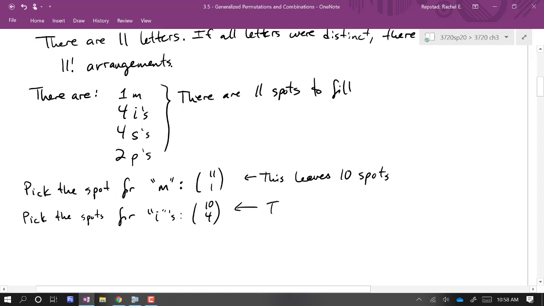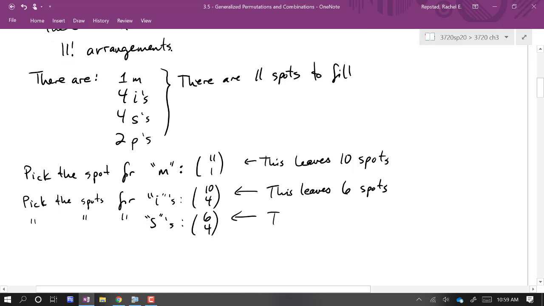Once I do that, this leaves 6 spots. Now we'll do the same thing. Let's pick the spots for the S's. There are 6 spots available. I've got 4 S's, so I've got to pick the 4 spots that get them. That's 6 choose 4. This leaves 2 spots.